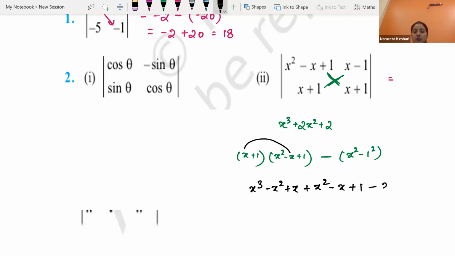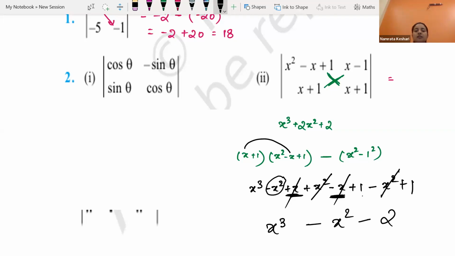Minus x square plus 1. So x square is gone. Here x is there, here also x is there, it's gone. Now 1 and 1 make 2. X cube is there. I can see 1 minus x square. Nothing else. Right? Right, Kiran?